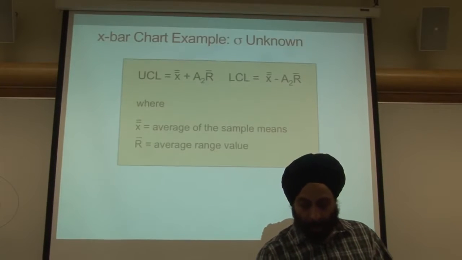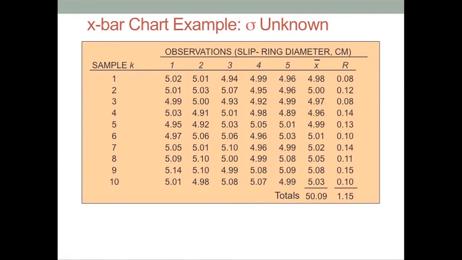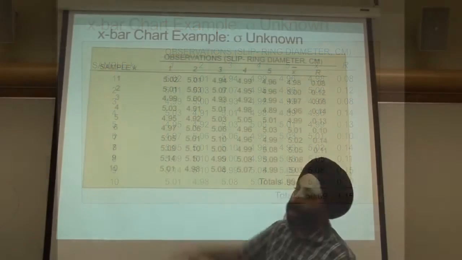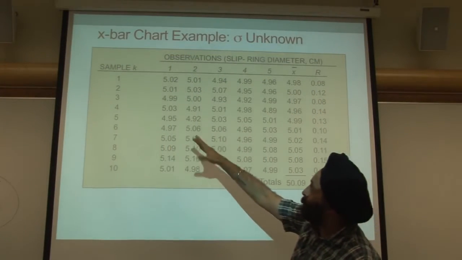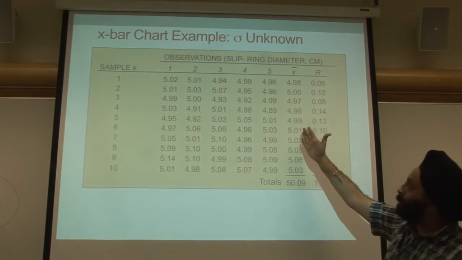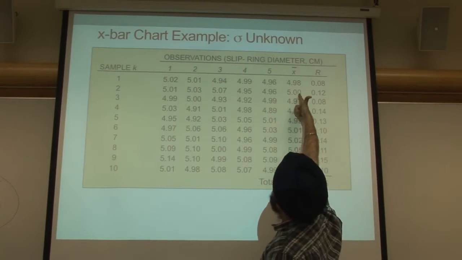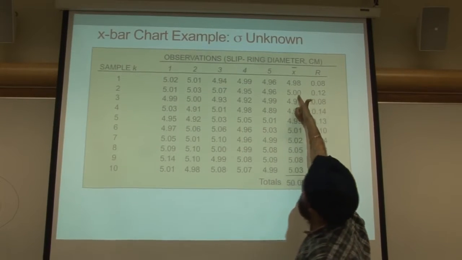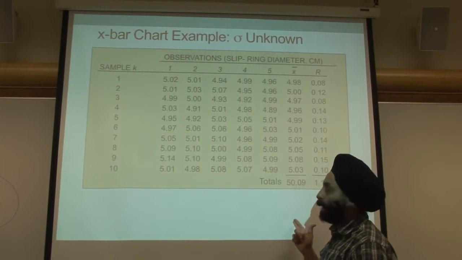Going back to the same slip ring numerical example, we are taking 10 different samples of 5 slip rings each. We already calculated the X bar values in the previous example. The total added up to 50.09.